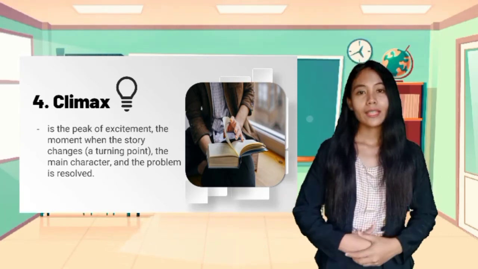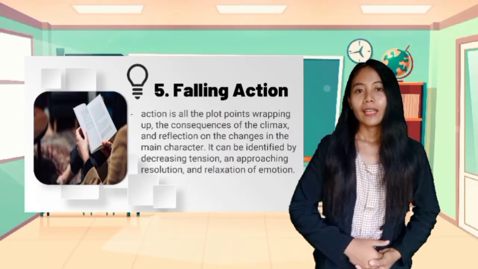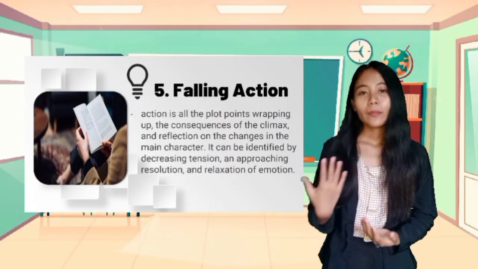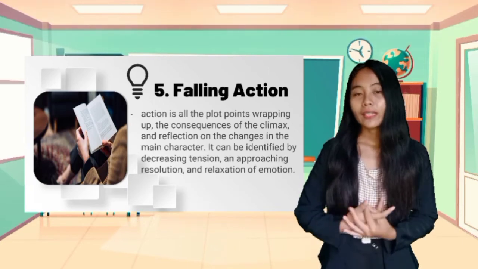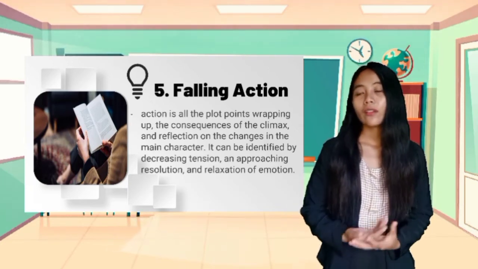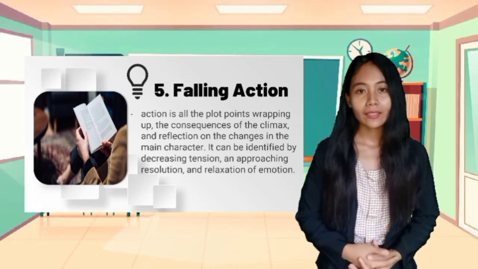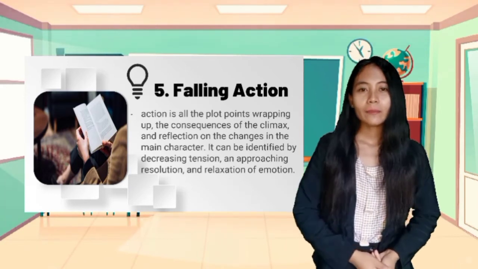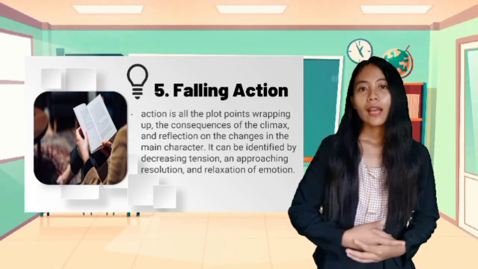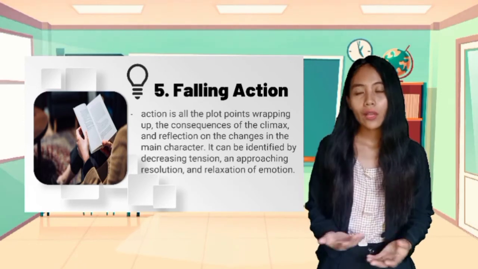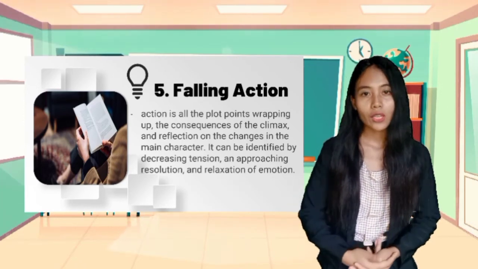So the next one is the falling action. It is all the plot points wrapping up, the consequences of the climax, and the reflection on the changes in the main character. It can be identified by the decreasing tension, an approaching of resolution, and relaxation of emotion.